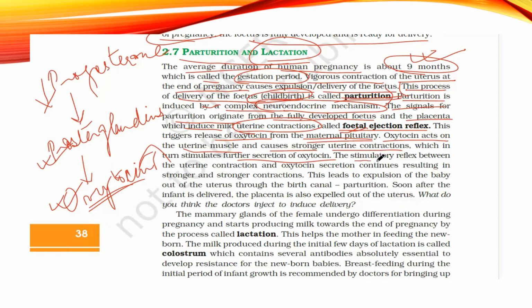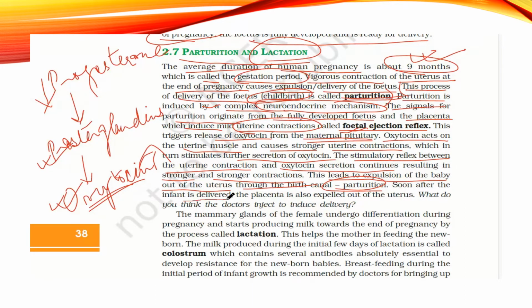The stimulatory reflex between the uterine contraction and oxytocin secretion continues, resulting in stronger and stronger contractions. This leads to expulsion of the baby out of the uterus through the birth canal, and this is called parturition.